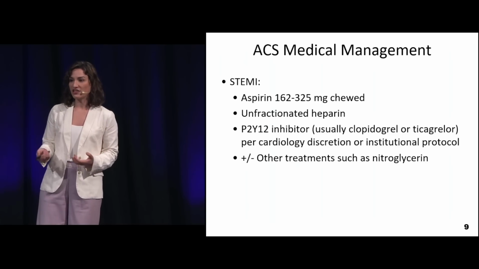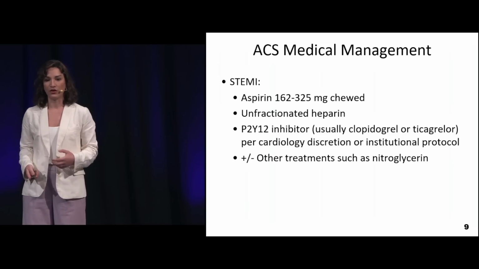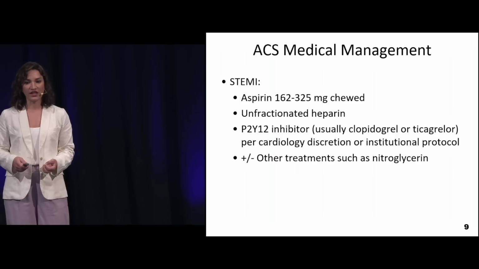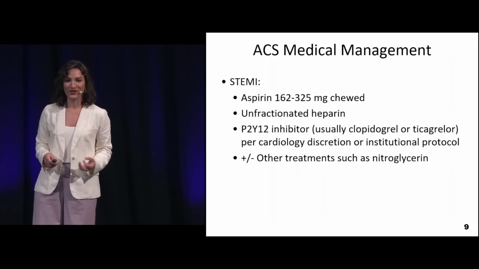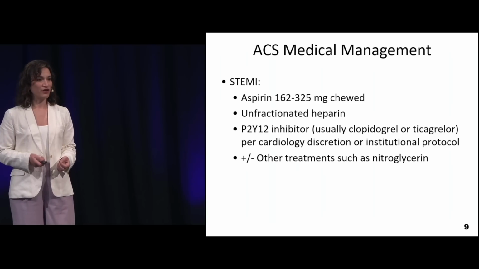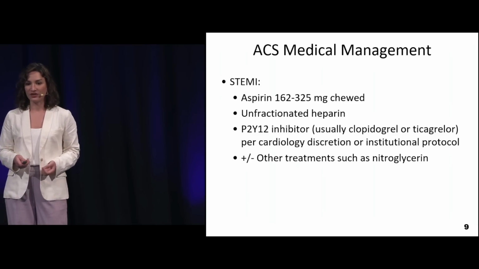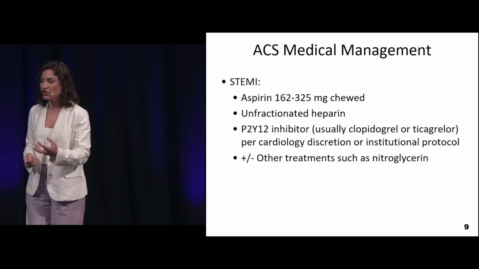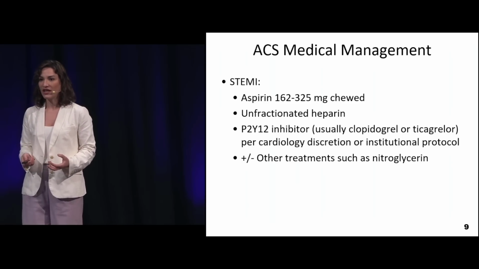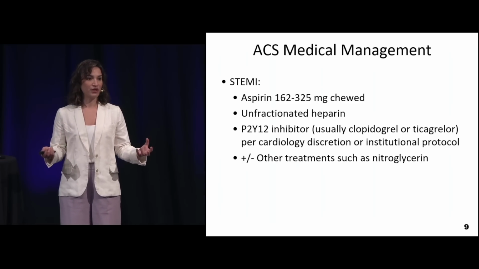So that dual antiplatelet is aspirin plus one of these P2Y12 inhibitors, clopidogrel or ticagrelor, which is always a hard one to say, speaking with your cardiologist. And then plus or minus nitroglycerin, depending on their blood pressure, what distribution this STEMI is in, and if their blood pressure can handle it.